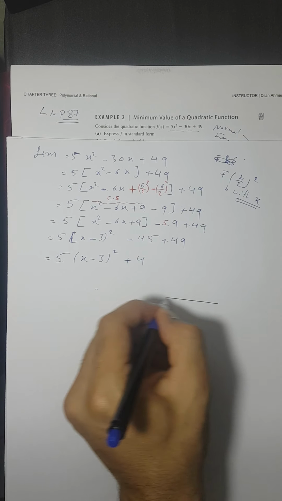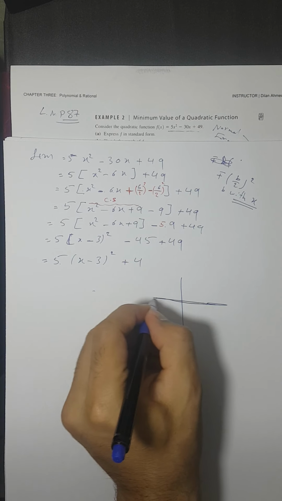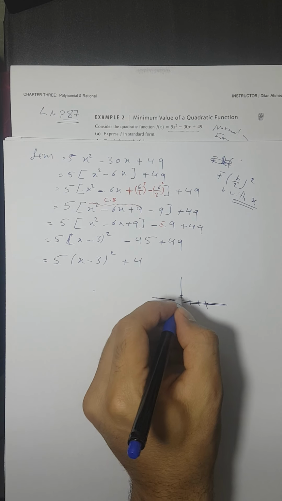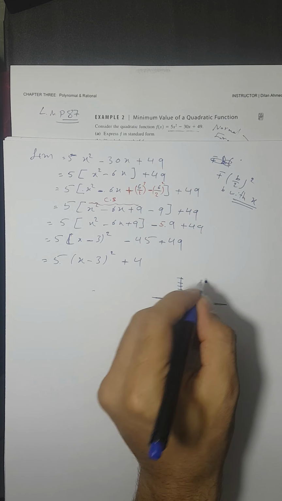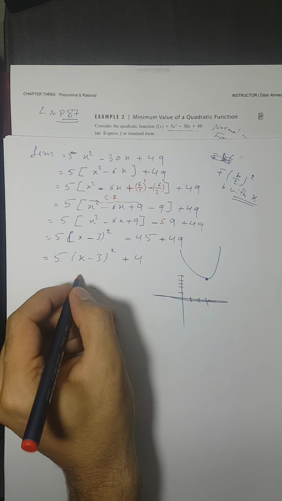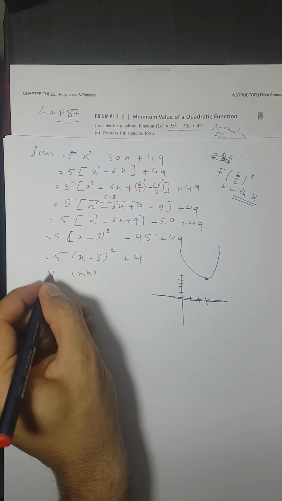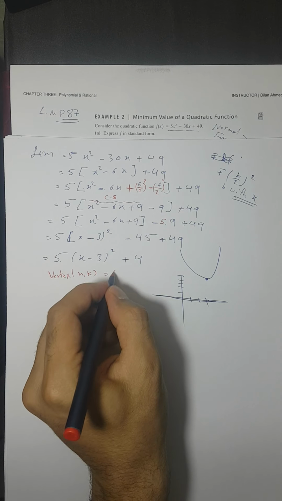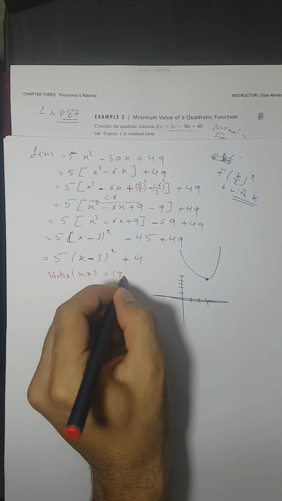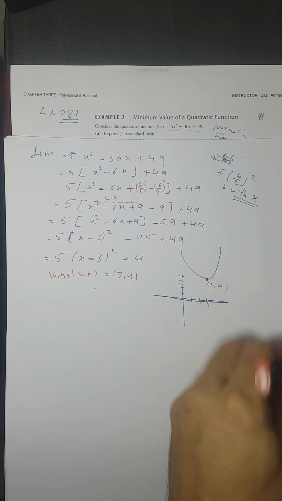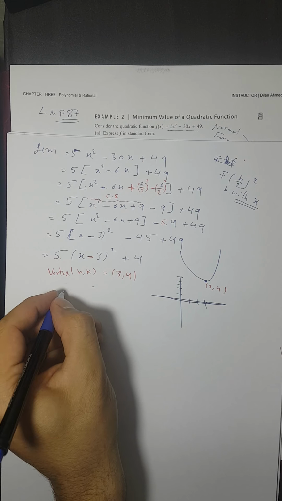So here's our graph. We have minus 3 and plus 4. I will get the shape like that. And where's the vertex? Where are h and k? The vertex is, because it should be minus 3, and here should be positive, 3 and 4, which is the minimum point.